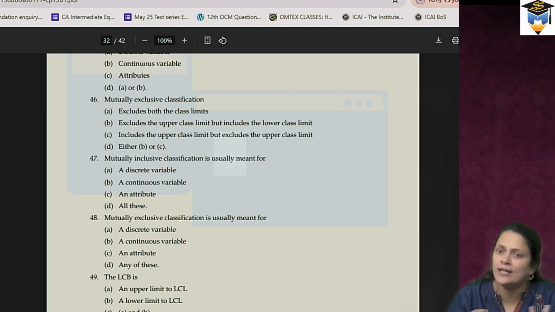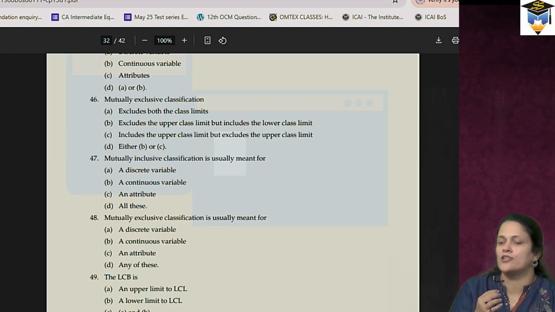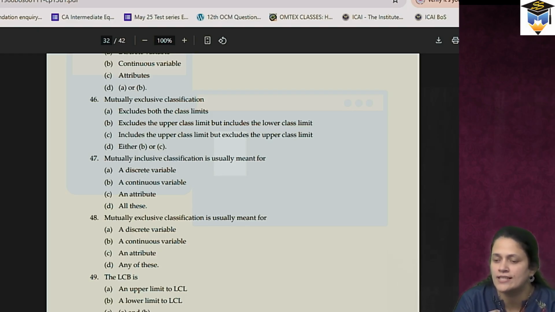And if they are not dependent upon each other, they are called mutually exclusive. Understood the meaning of mutually inclusive and exclusive? Now tell me, what will be the answer for the mutually exclusive classification in 46?